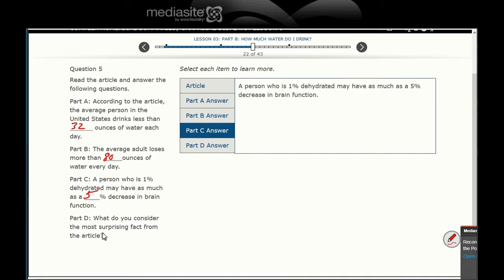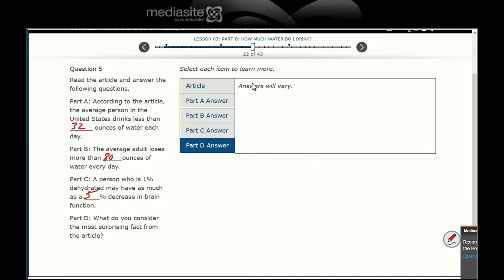Yep. And what do you consider the most surprising fact in the article? A lot of surprising facts. The one I got was a recommendation that as soon as you wake up, slam down 12 to 16 ounces of water.